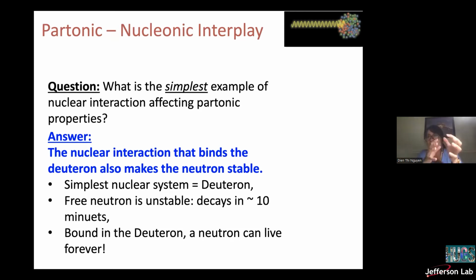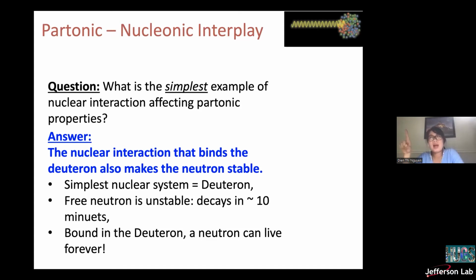It just stays with the proton, happy forever together. So from this very simple picture, we already can see that a bound neutron has a different behavior compared to the free one. That is one of the simplest pictures.